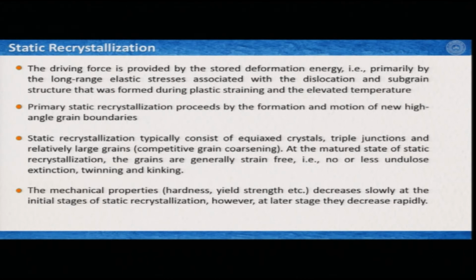So, you should not see, or should see very little, undulose extinction, twinning and kinking and so on. Interestingly, the mechanical properties, the hardness, yield strength, etc., decrease slowly at the initial stages of static recrystallization, but when the crystals grow in a very large way, then these mechanical properties decrease very rapidly.